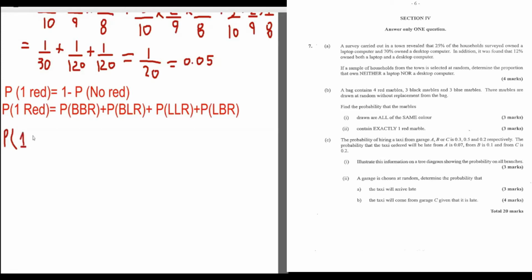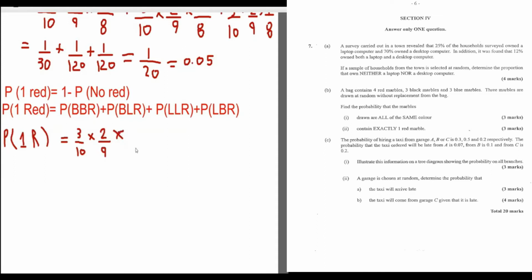In this case, I'm just going to write 1R is equal to the probability of getting a black, then a black, then a red, which is 3 out of 10. Then when you take out that black, you have 2 black left out of 9 times the red now.